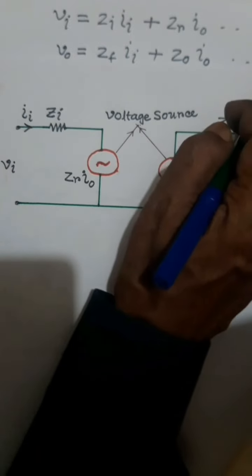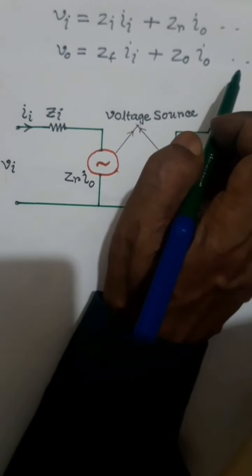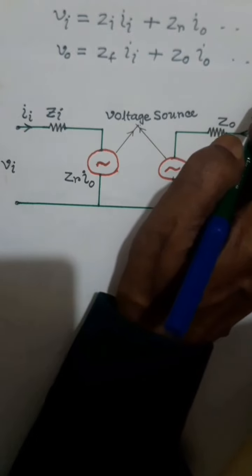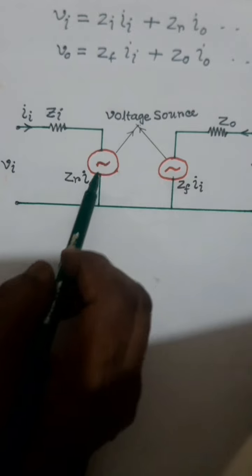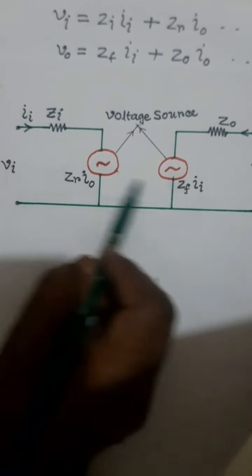Equations 3 and 4 are the transistor parameter equations and their equivalent circuit is shown here.